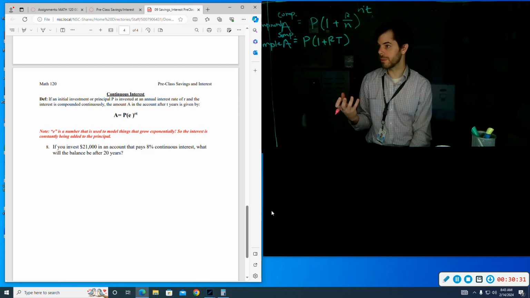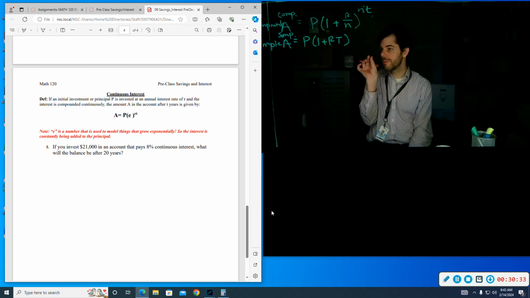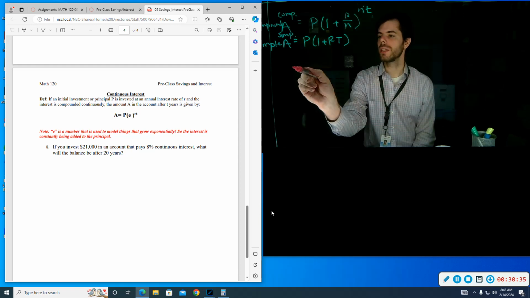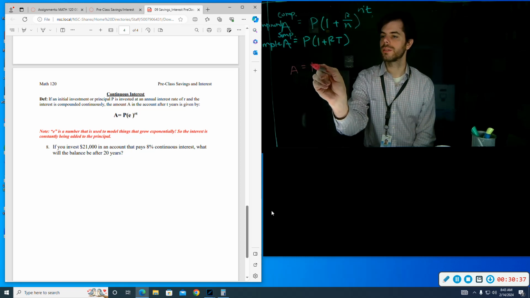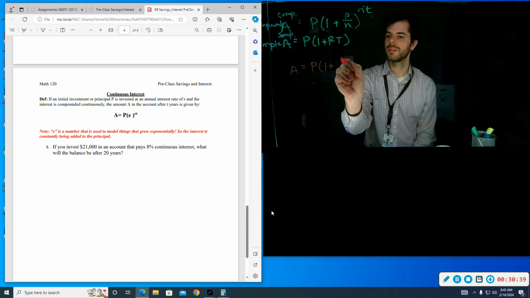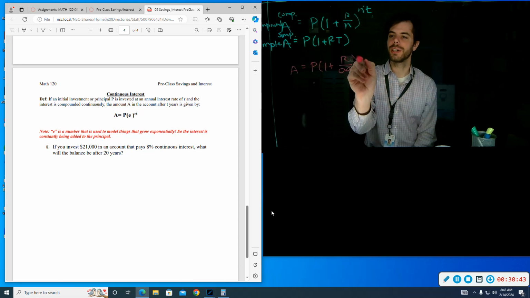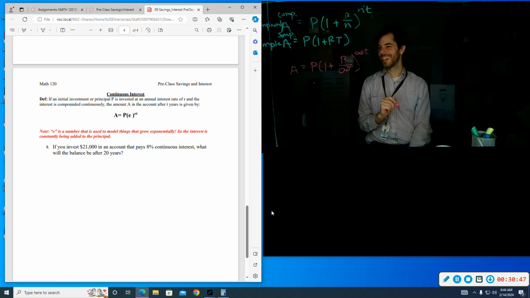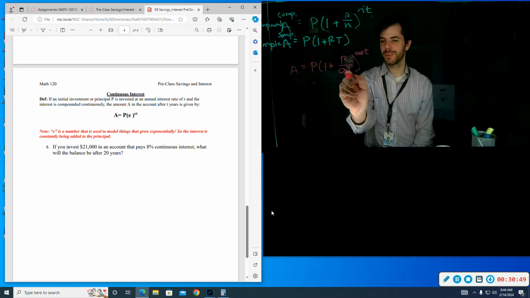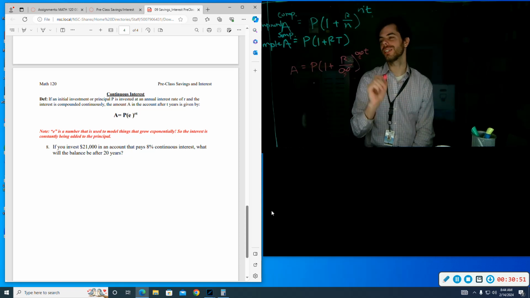Your compounding period would be infinitely small. So in this case, the formula would look like this: r divided by infinity, raised to the infinity t power, right? So you have an infinitely small value being raised to an infinitely large value.